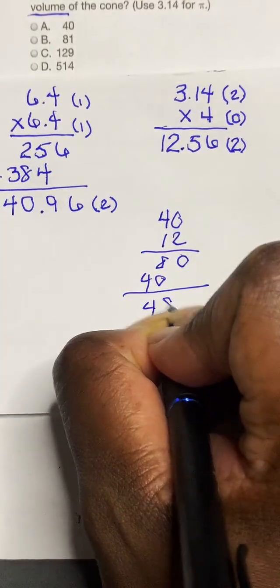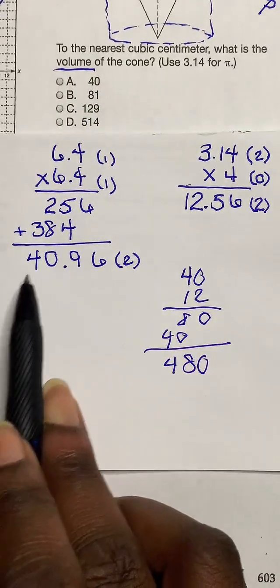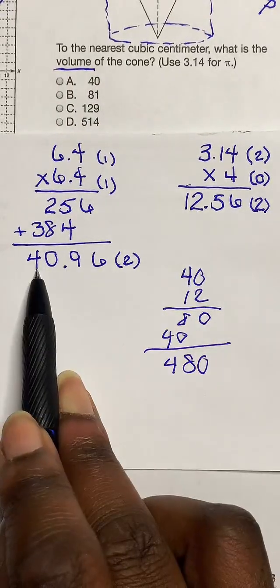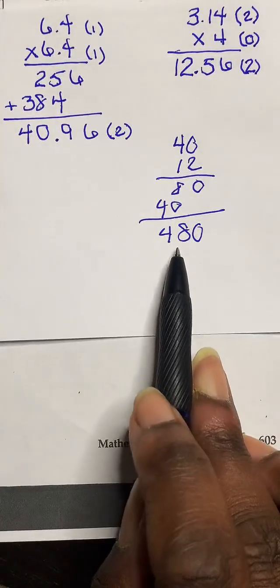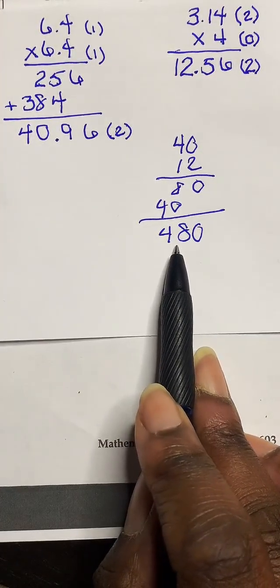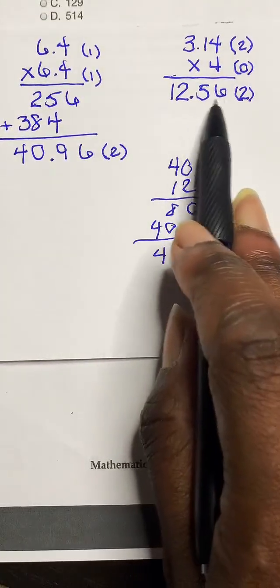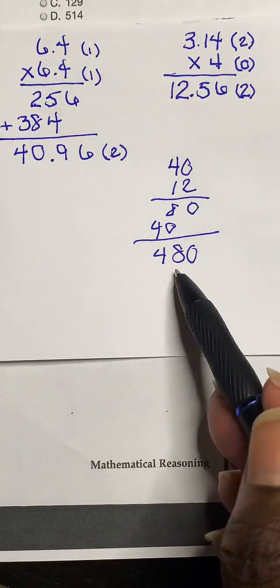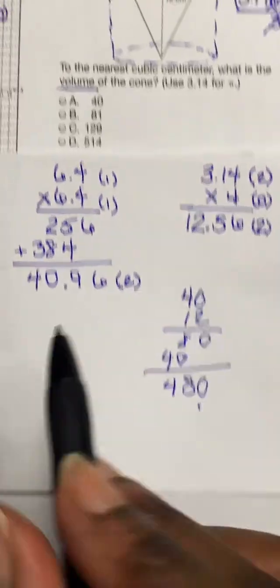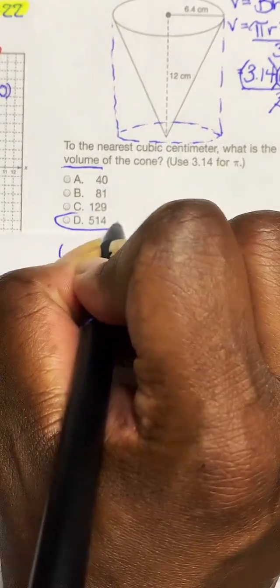That's going to give me 480, just with the whole numbers before the decimal point. So obviously, if I'm multiplying what's after the decimal point too, my answer is going to get bigger. That's why your answer choice is D.